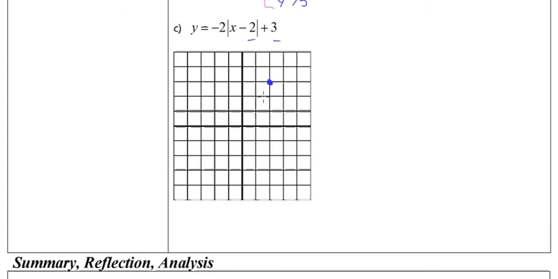Right now, I'm just going to go ahead and graph our graph. On the left of 2, when x is less than 2, we have +2 slope. Then once we get up to an x value of 2, now we have a -2 slope.